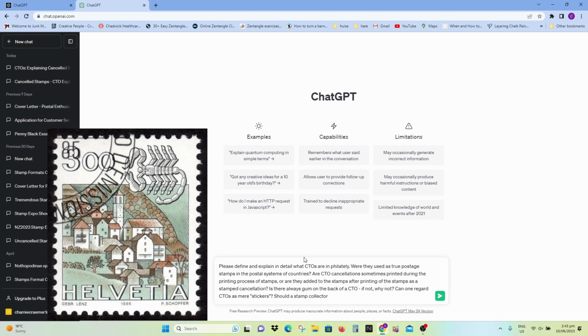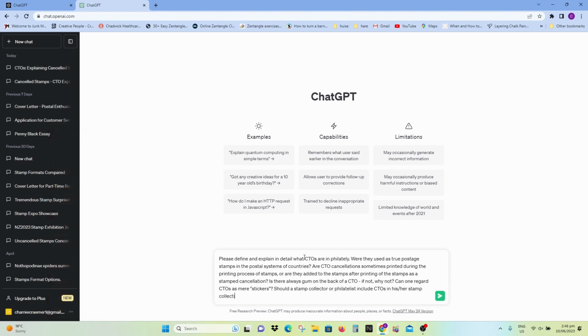Would the stamp collector or philatelist include CTOs in his or her stamp collection? I wonder if this is enough. Maybe just one more. Maybe this will be too much.